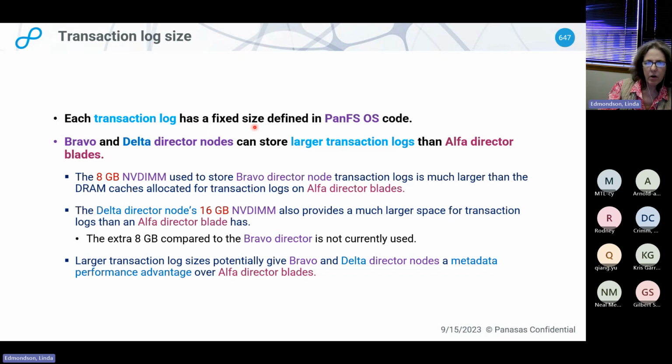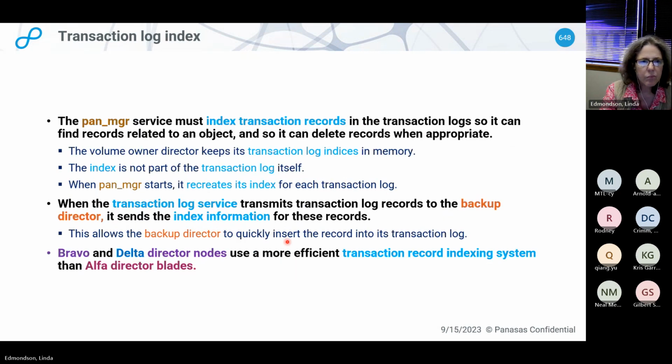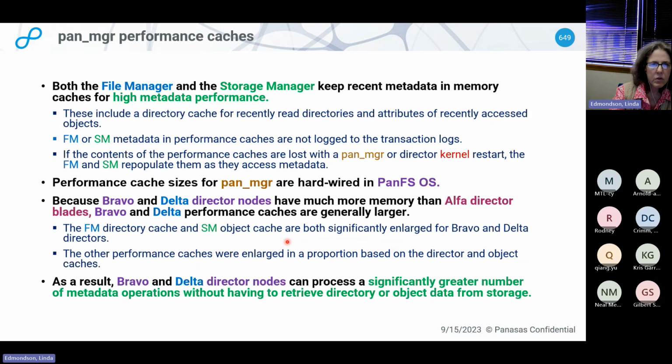Each transaction log has a size fixed in the code, because the Bravo and Delta director loads can store larger transaction logs. We define the transaction log state appropriate to them, and the alpha director logs have a smaller transaction log size.